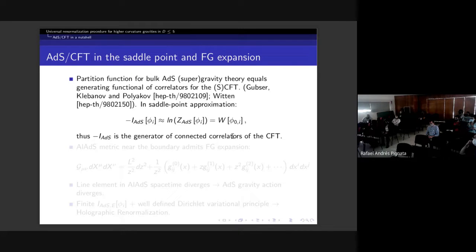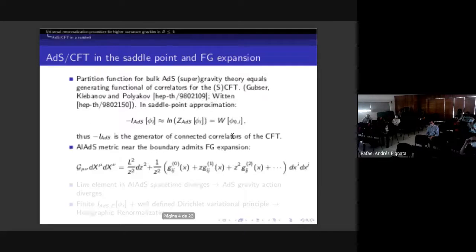So the duality is between the boundary values of the fields in the bulk theory of gravity and the sources, the external currents, on the side of the field theory. Then you can generate the correlation functions just by taking functional derivatives of the classical gravity action with respect to these boundary values.